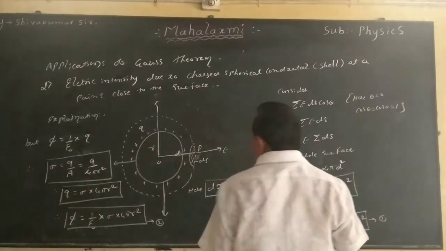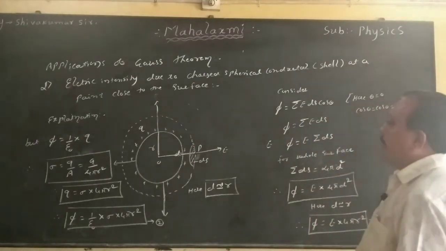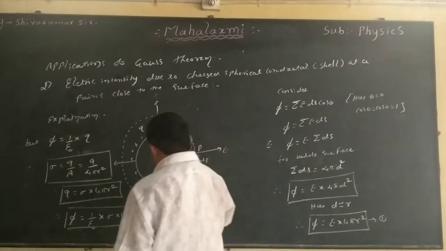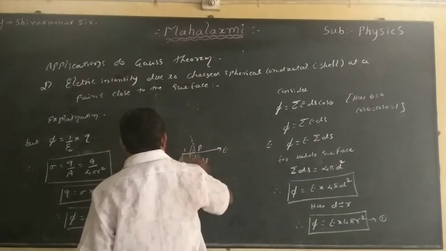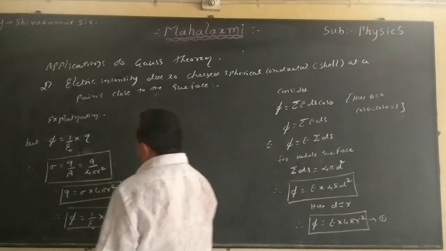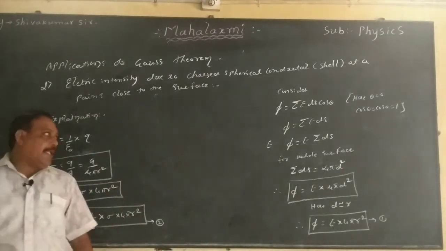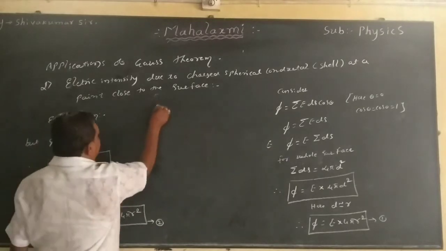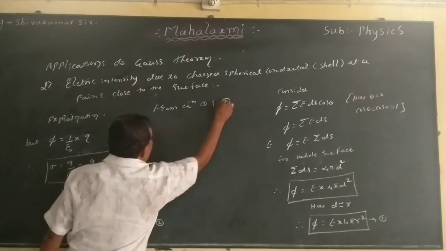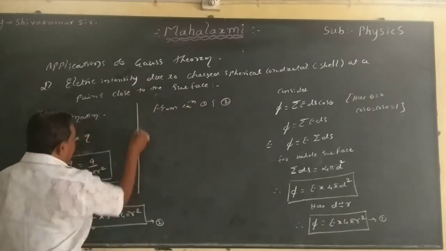Right? Then I take this space. Then I remove this figure. Clear? Is it clear? From equations 1 and 2, I can write, I make a block so that we cannot be confused.